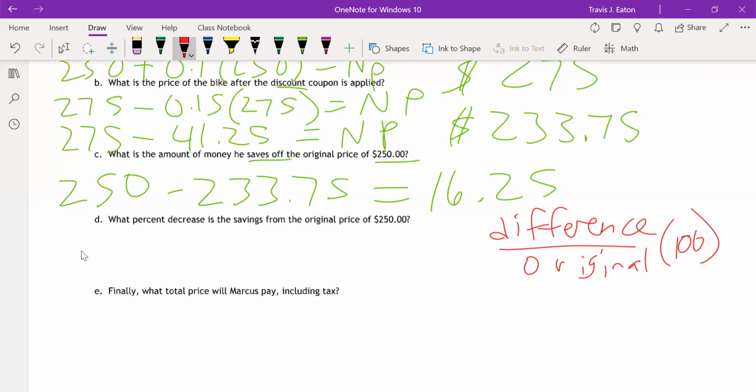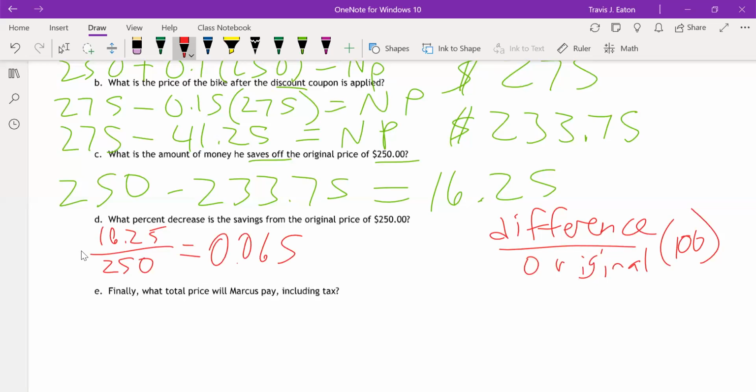So in this case, we've got 16.25, which is the difference between the original price and the new price. And we divide that by the original price, which was 250. 16.25 divided by 250 gives us a decimal of 0.065.